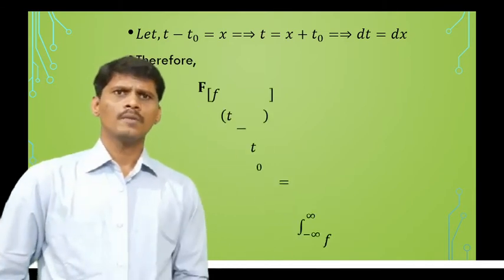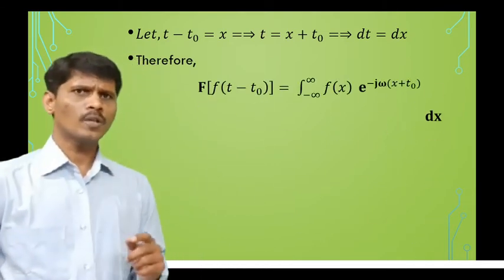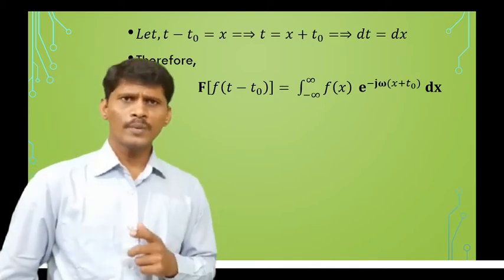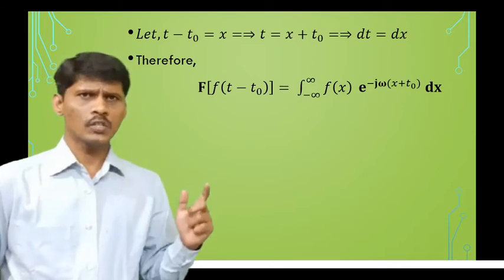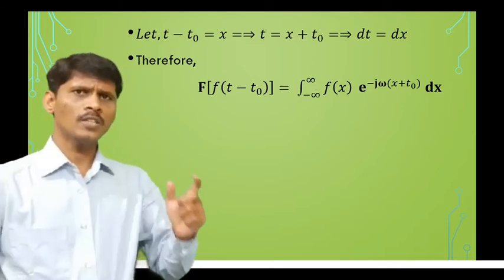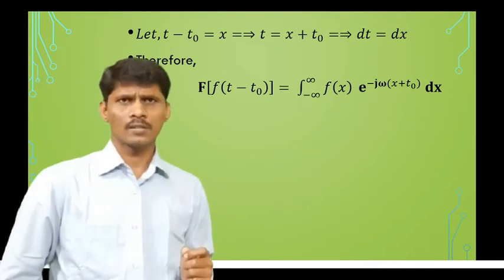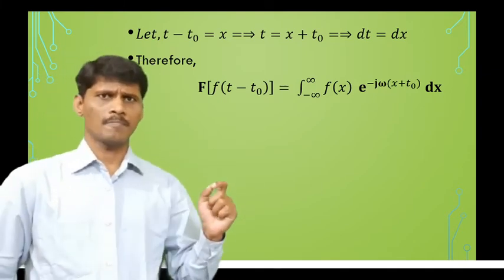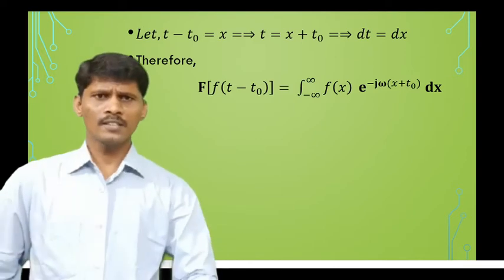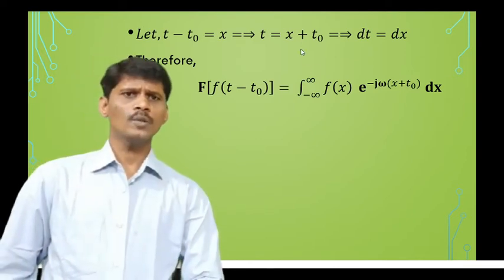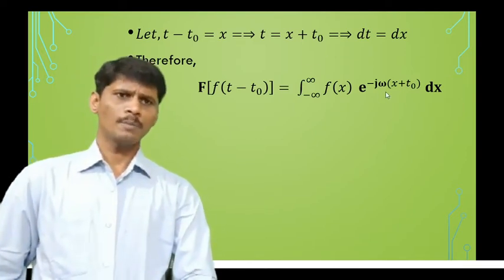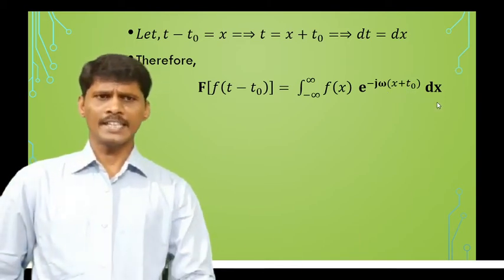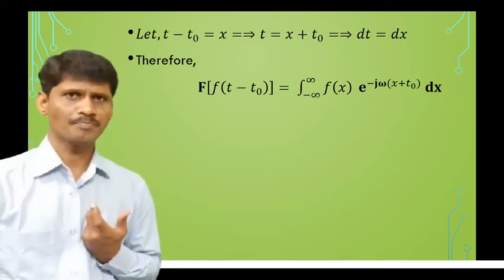Therefore, from the previous equation, the Fourier transform of f of t minus t naught is equal to the integral from minus infinity to infinity of f of x, where t minus t naught is considered as x, into e power minus j omega times x plus t naught, since t is equal to x plus t naught, and dt is equal to dx.